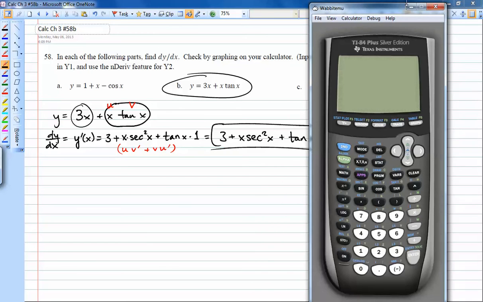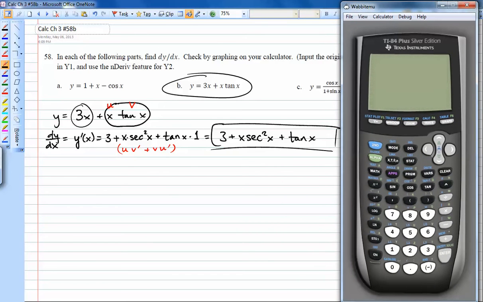What I'm going to do is first make sure I'm in radian mode. Okay, that's good. And then for y1, I'm going to type in 3x plus x tan x, like that.